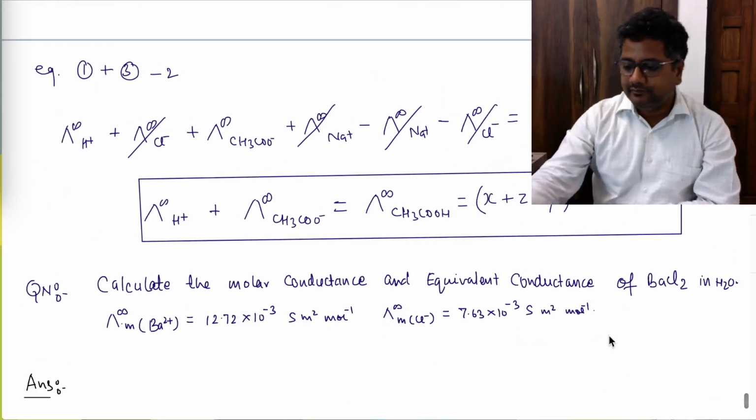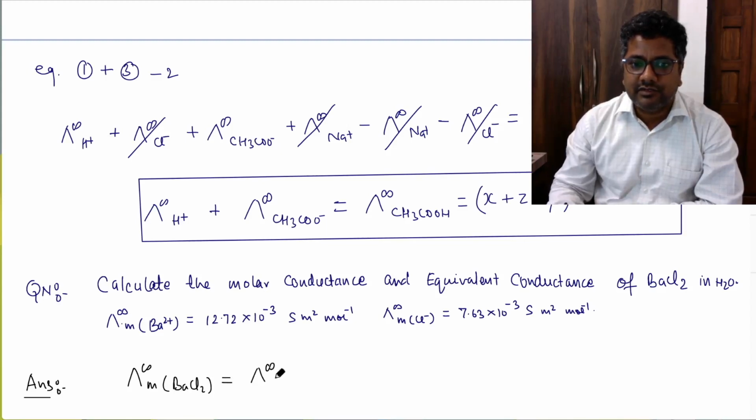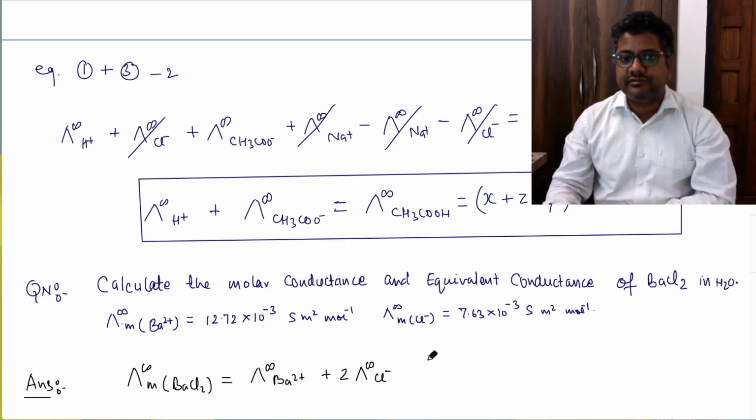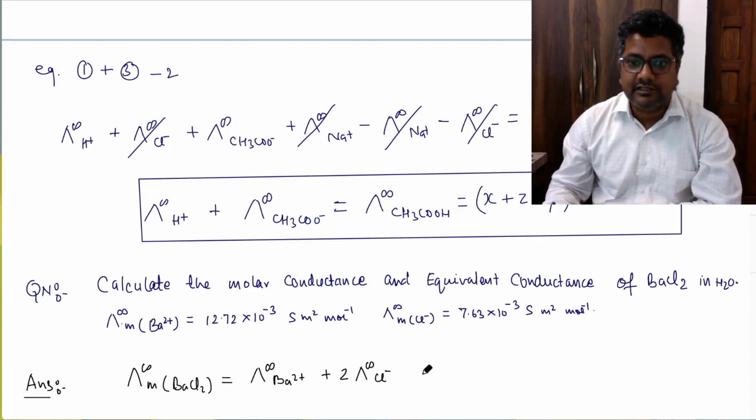So first you have to write the expression as per Kohlrausch's law. Molar conductance for barium chloride is equal to lambda infinite Ba2 plus plus twice the molar conductance of Cl minus at infinite dilution, and the values are given.